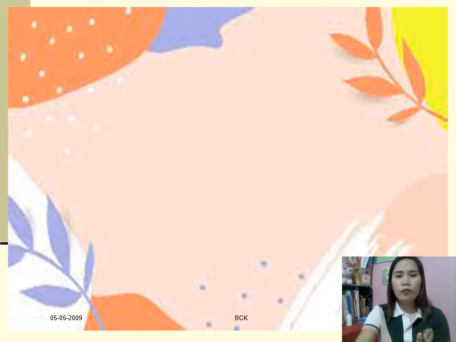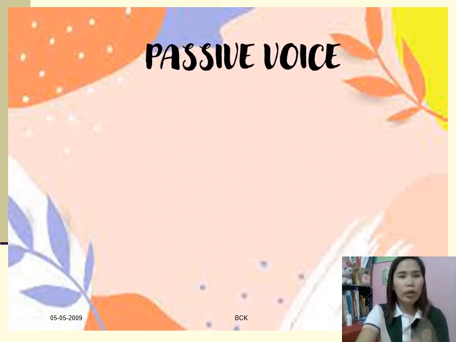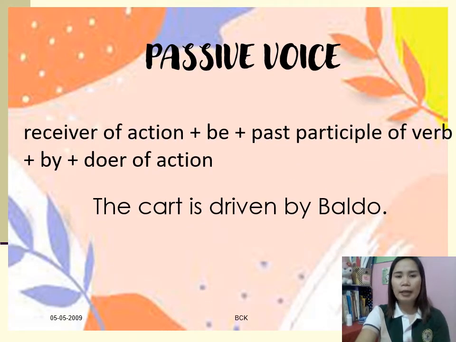You may feel confused now, but I will give you a lot of examples for you to understand. So don't worry. So passive voice, let's have the format. First is the receiver of the action or the object plus the be verb. The be verb is is and are if it is present, and was and were if it is past tense.